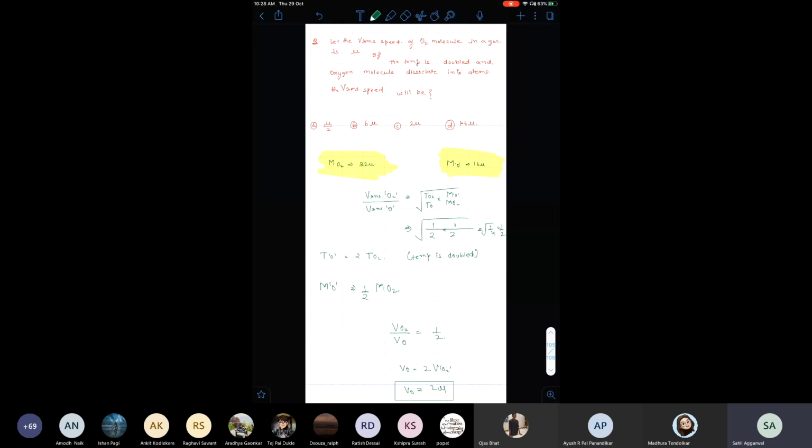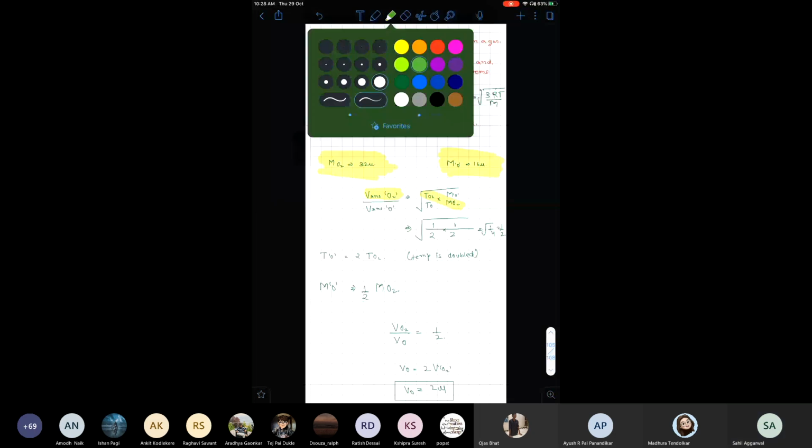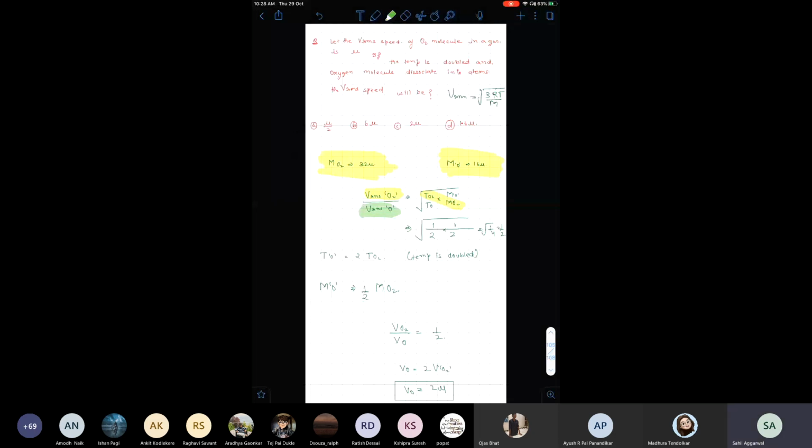Formula of VRMS is root 3RT by M. That means directly proportional to root of temperature, inversely proportional to root of mass. This is O2, and this is oxygen atom.